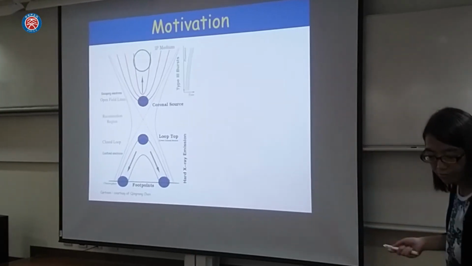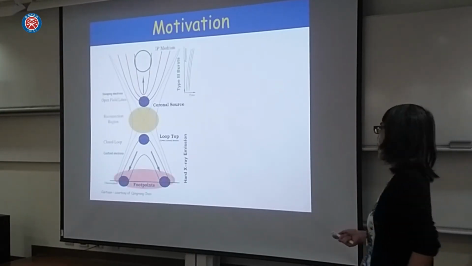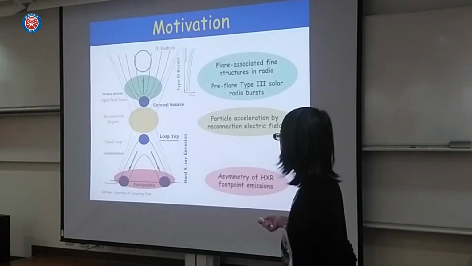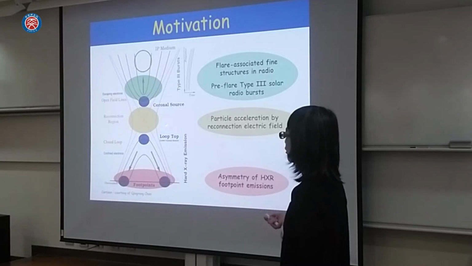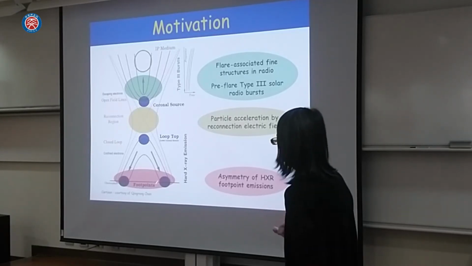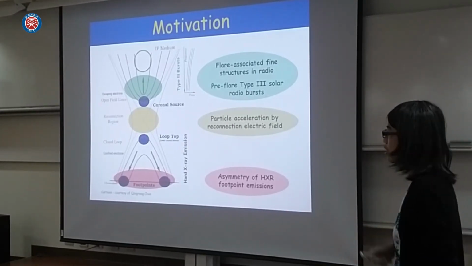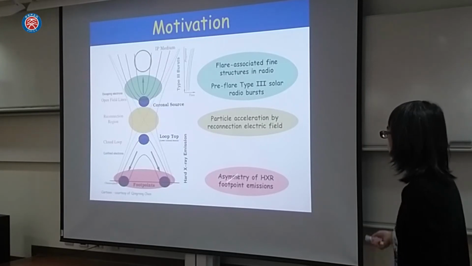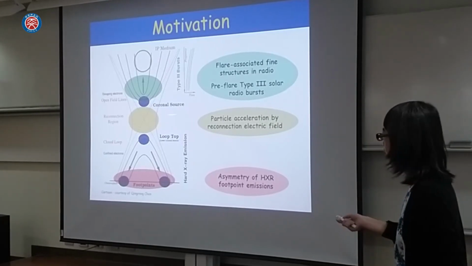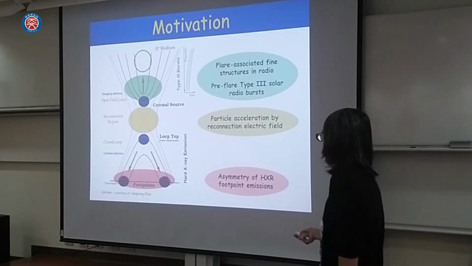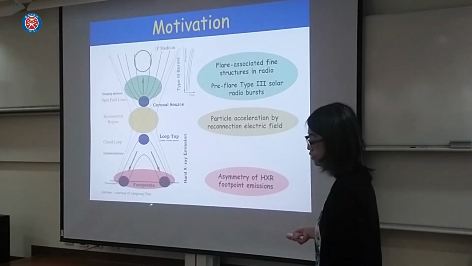Today I will talk about three parts. One part is about the acceleration side, or the reconnection side here. I will talk about the particle acceleration, just focusing on the electric field acceleration. For the bottom one, I just focus on the HXR footpoint.